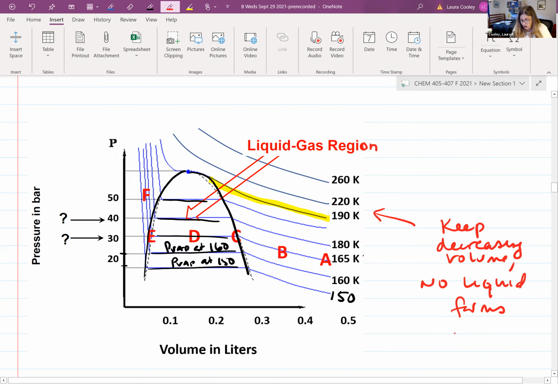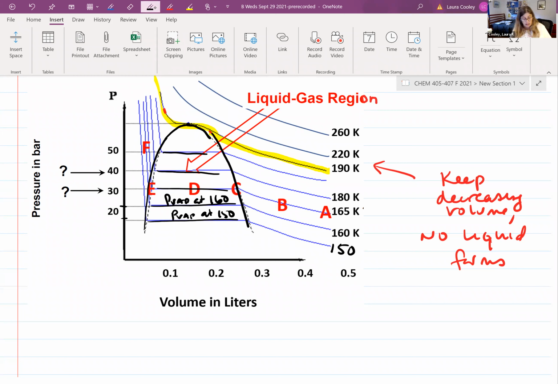Here you are decreasing the volume and the pressure's going, let's put it in yellow. You never have a liquid gas region. There is no liquid that forms. And that is called the critical temperature.